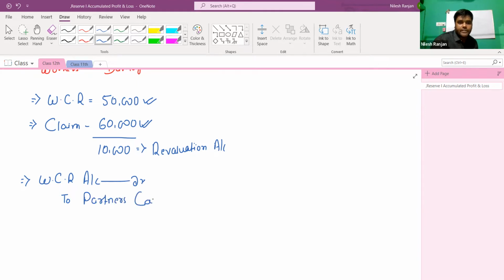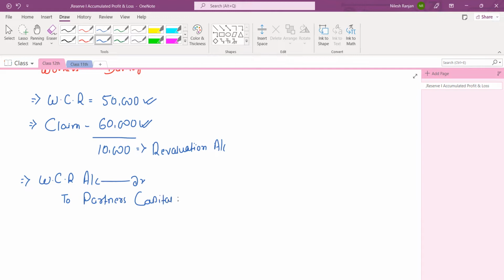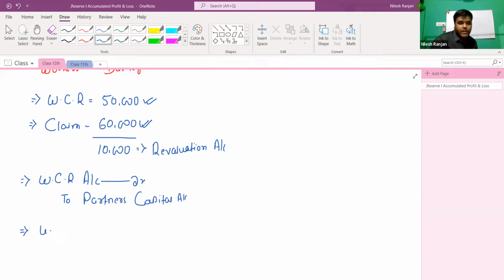And if there is a claim, then workmen compensation reserve account debit, then we have to pay the claim first. That's why to liability for claim. Or you can also write here workmen compensation claim account.